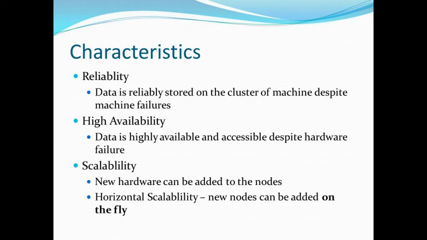So for 3 days our production was down. We needed to start a backup production, prod 2, for the same. So what I want to say is that scalability on the fly is not possible in any other system.